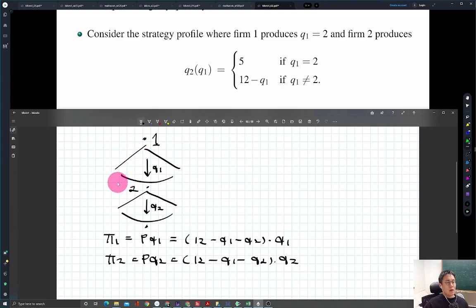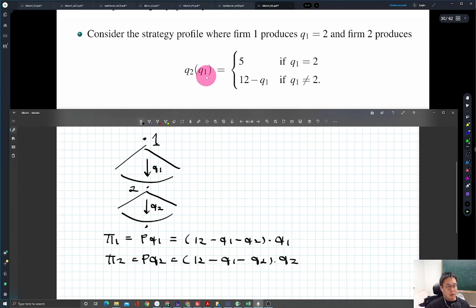So when we describe firm 2's strategy, we have to specify which quantity firm 2 is willing to produce at each possible choice of Q1 by firm 1. So the firm 2 strategy is not a single quantity, but instead some function of Q1.